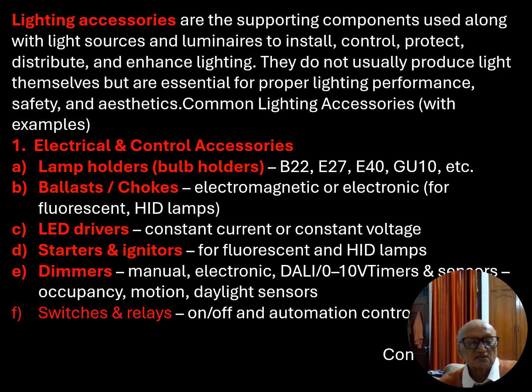Now these become necessary as per electrical ECBC, Energy Conservation Building Code, which is now modified in 2024 as ECBC 2024. Then switches and relays on and off for automatic control.